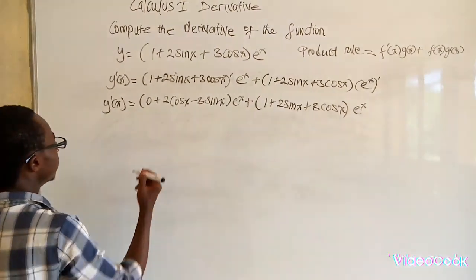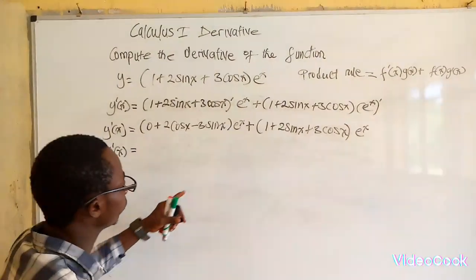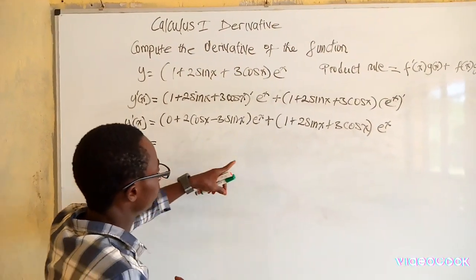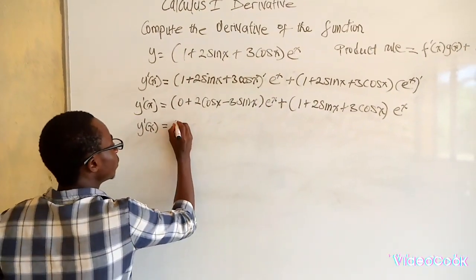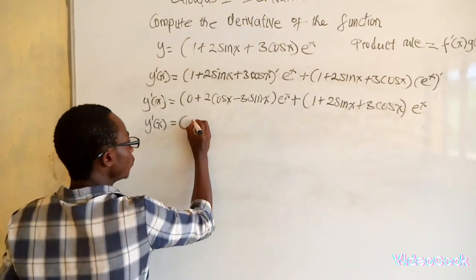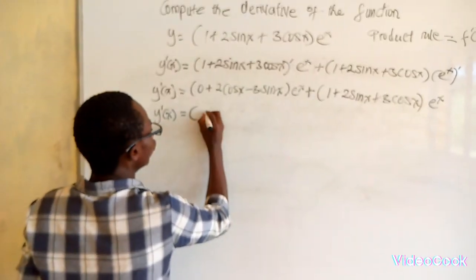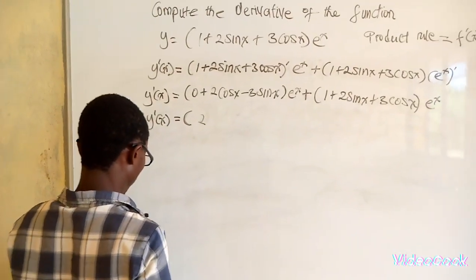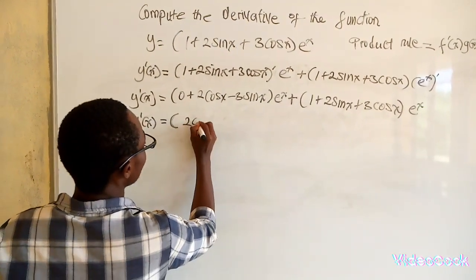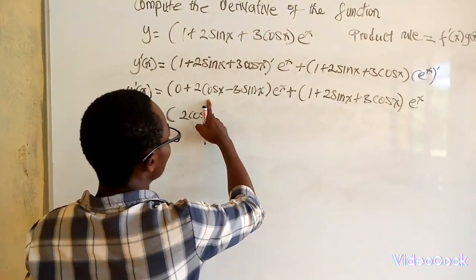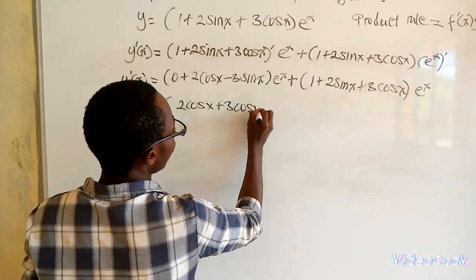So y prime of x is going to give us, we have 0 here and then we have 1 here, so 1 plus 0. 0 means nothing. Let's take the 2 cos x, plus 3 cos x.